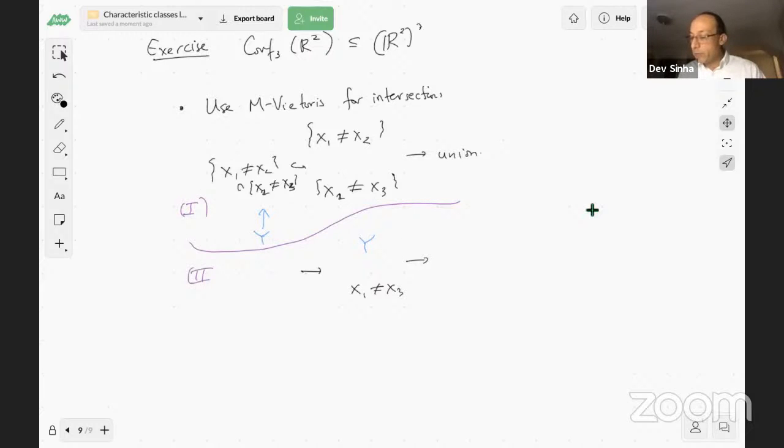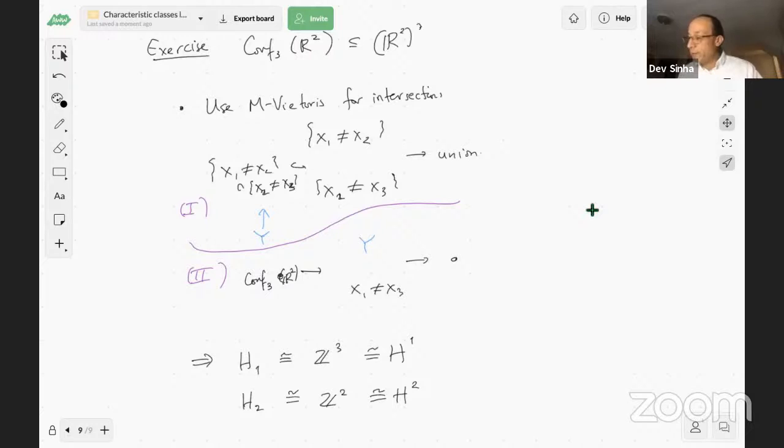Another Mayer-Vietoris sequence has different spaces here and here. And then this ends up being configurations of 3 points in R2. What we deduce is that the homology and the cohomology are rank 3 in degree 1, and in degree 2, rank 2.